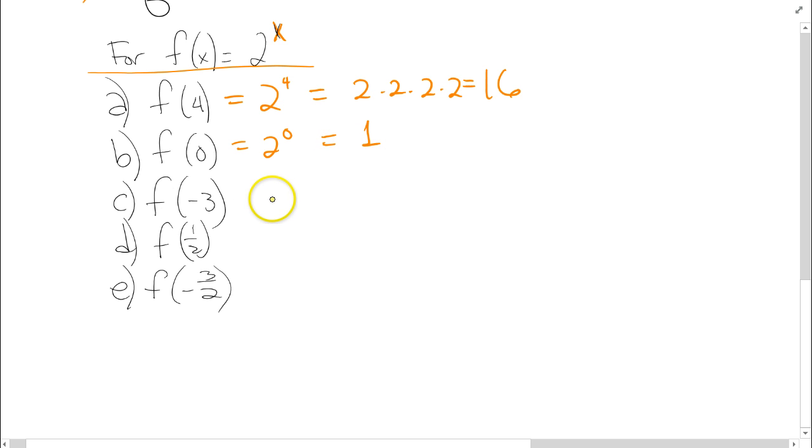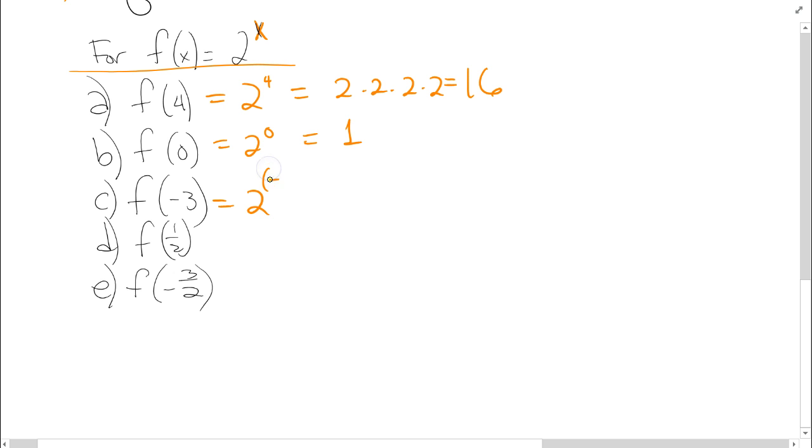f of negative 3, keep the base. Exponent is now negative 3. And there are 2 ways that you can think about this. Anytime you have a negative exponent, you can rewrite it as 1 over that thing with a positive exponent. So now I've got 1 over 2 to the positive 3.